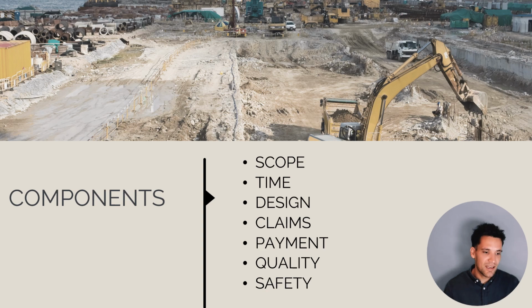Managing both payment claims and variations, paying them for the work they've completed and assessing their progress payments. Managing their quality, ensuring they're doing their inspection and testing and managing any witness and holding points, and then safety, so making sure they're doing the work safely and appropriately managing risk.